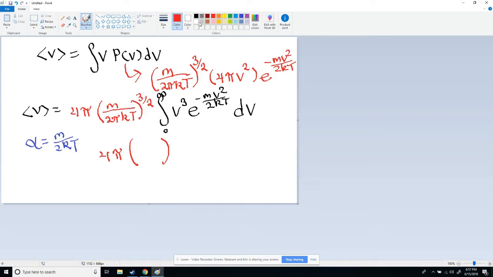So we've got one alpha inside there, the m over 2 kT part, however the pi is not part of alpha. And now we'll do the integral. We're going to have an alpha up in here in the exponent.